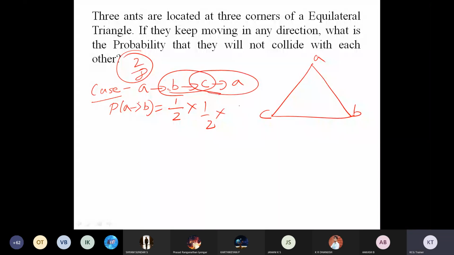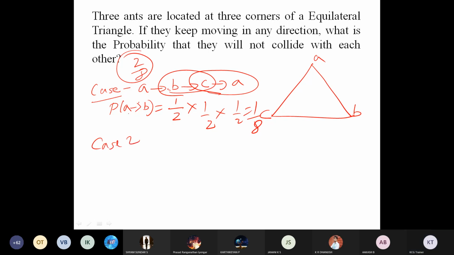Probability of C going towards A is 1 by 2. That means 1 by 8 is the probability of A moving towards B, B towards C, and C towards A. Why all multiplied? Because all 3 ants should follow this direction. So 1 by 8 is the probability.